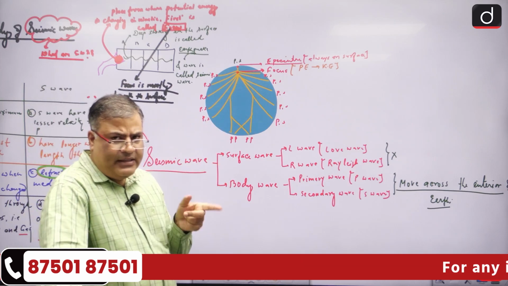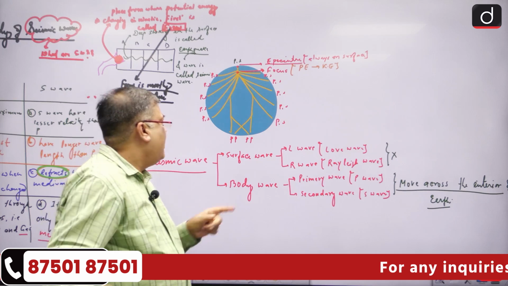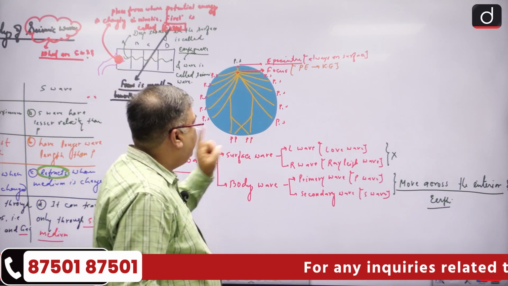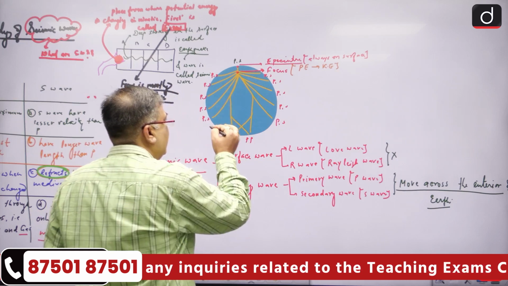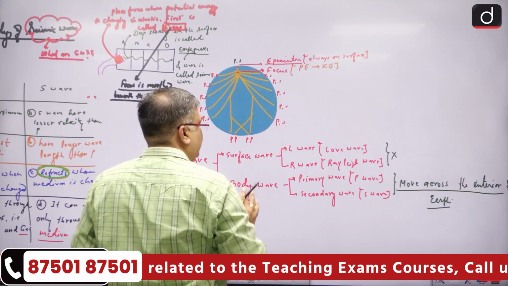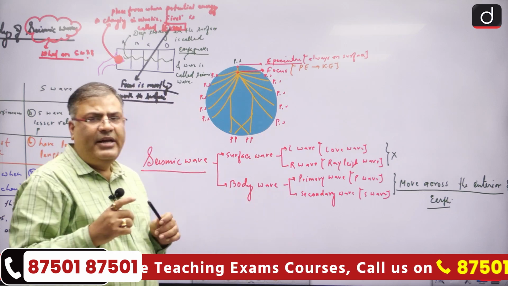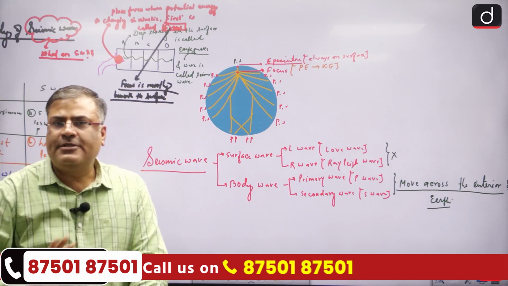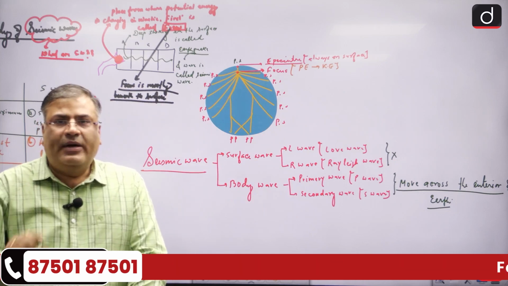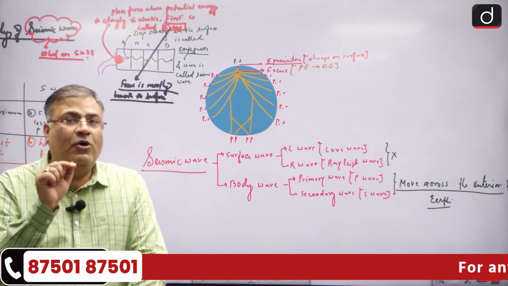And secondly, the second important thing is that only P and P is reaching over here. It means what? If P, S and S were reaching over here, both reaching, it would suggest that the medium has a difference in density but overall it is homogeneous. Now, what does that mean?